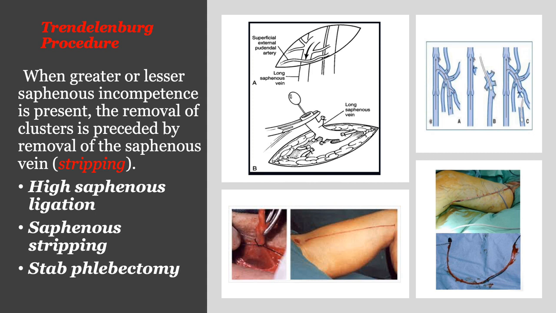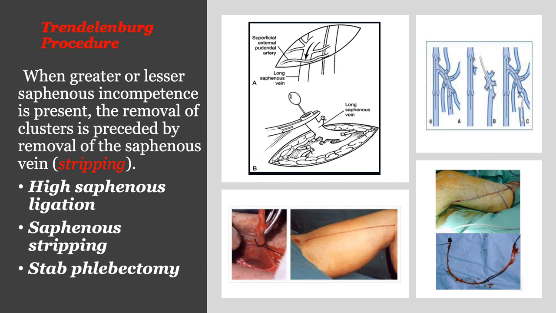small saphenous veins are diseased with incompetent valves, then we need to use another surgical technique called Trendelenburg procedure. In this procedure, through a groin incision, we ligate the saphenofemoral junction and separate the great saphenous vein from the common femoral vein.